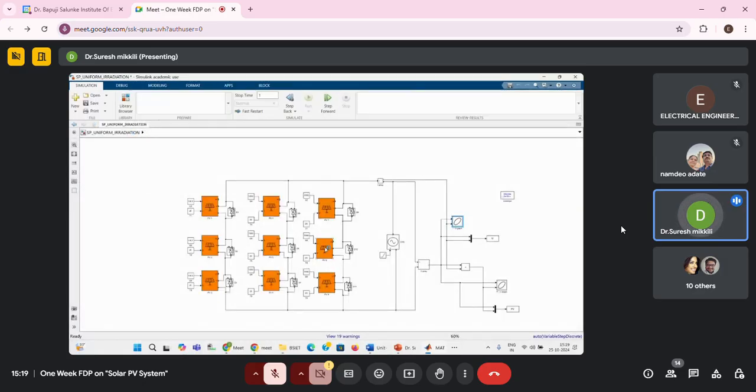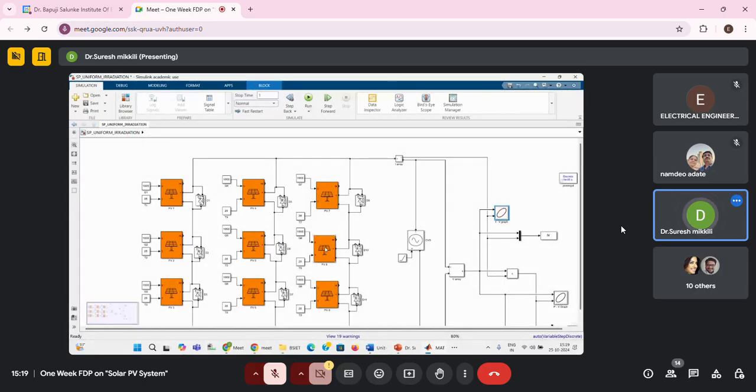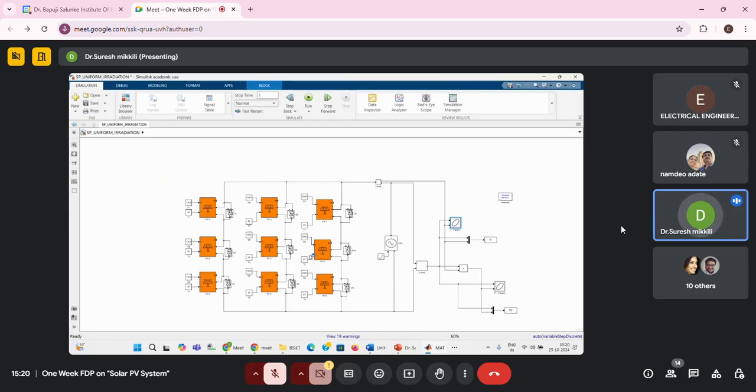Now, how much voltage, how much current should be there in this one? Can you tell me? Series parallel configuration. What should be the voltage? What should be the current? .9 is voltage, 8.21 is current.